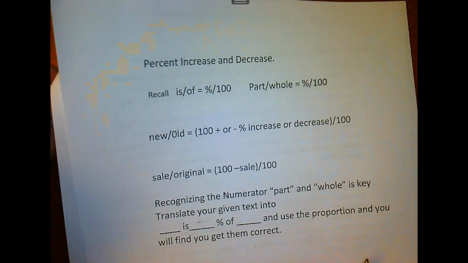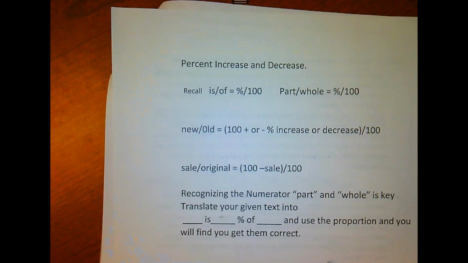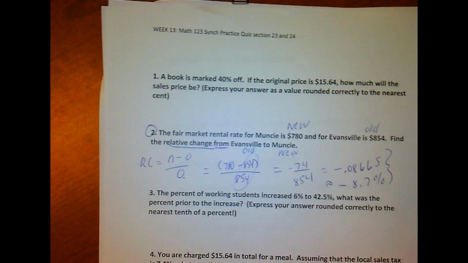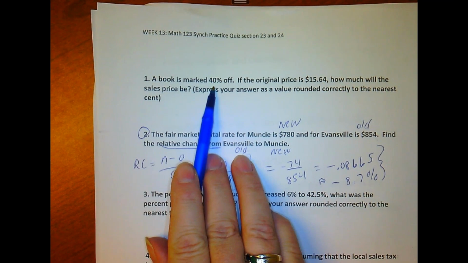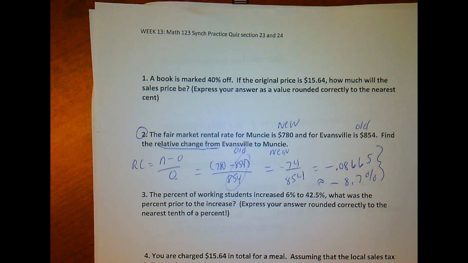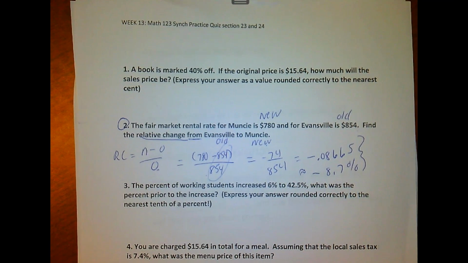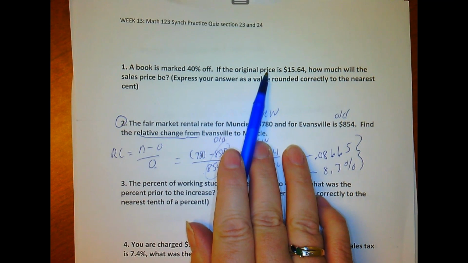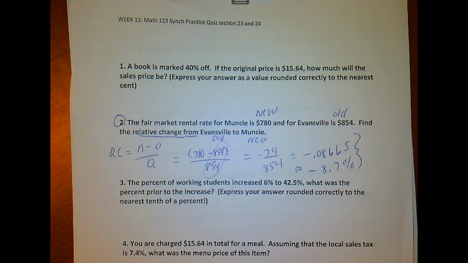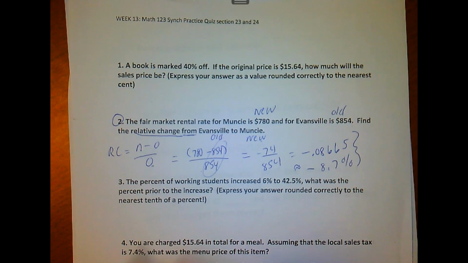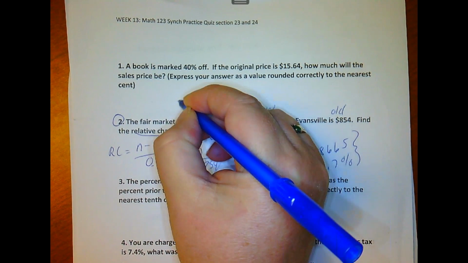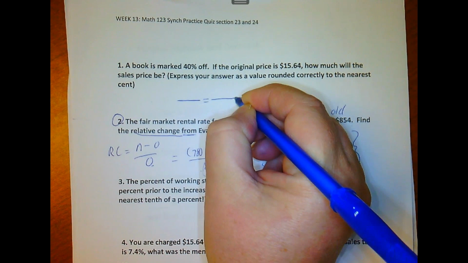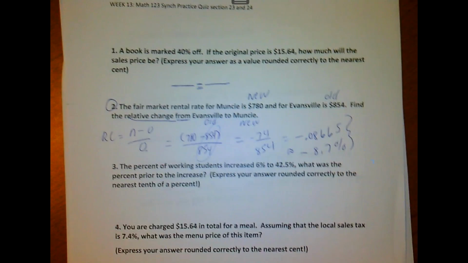And I know you'll be thinking, it's just too easy to do it the other way. I just want to do 40% off, 0.4 times that, and subtract, because that's what you've always done. And I'll agree, when you have the original price, you'll get them right. But when you're missing the original price, you'll get them wrong. So doing this method, you'll start to get them right every time.